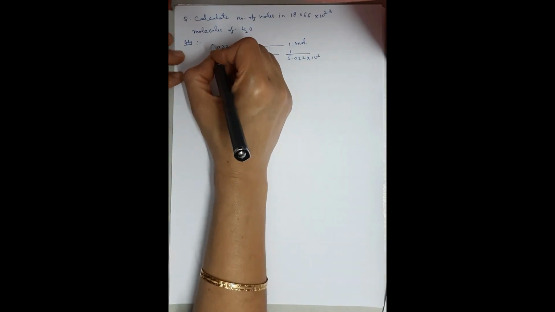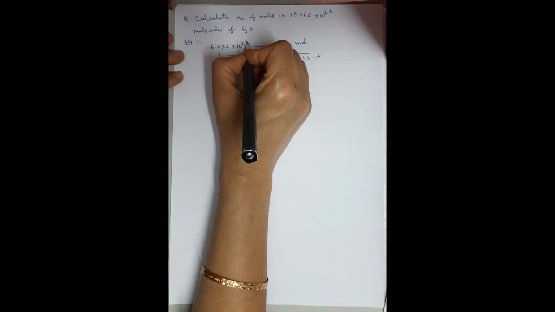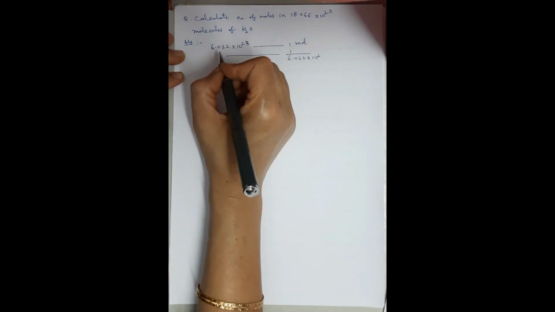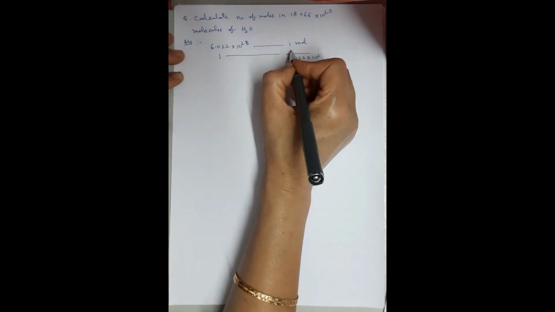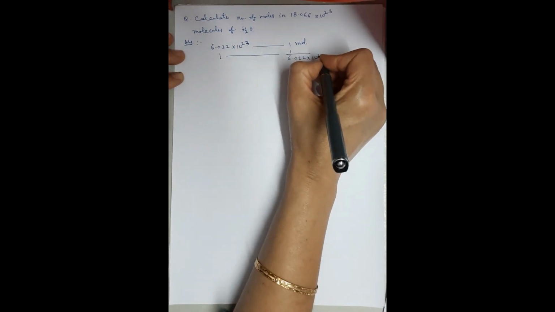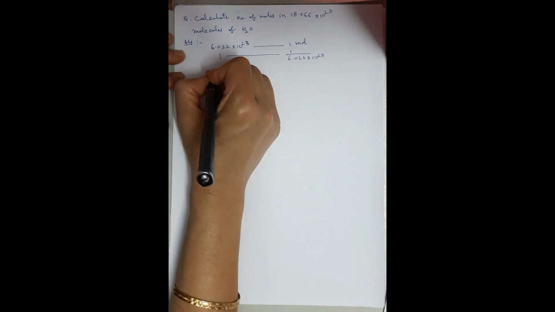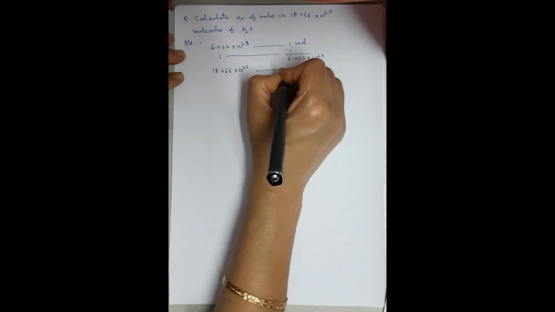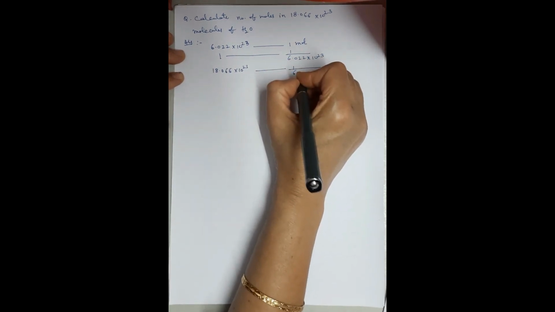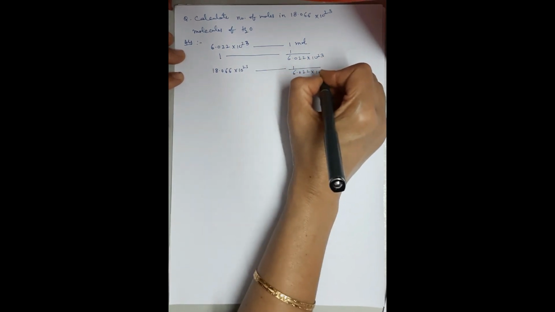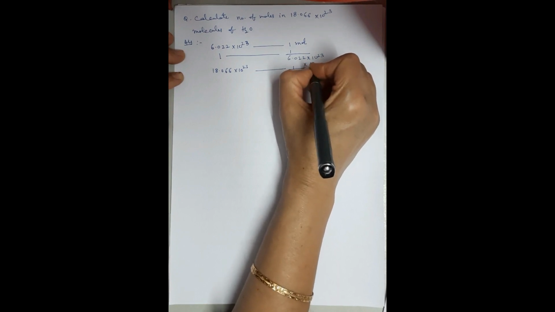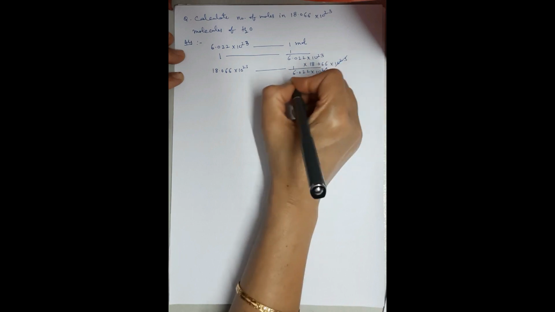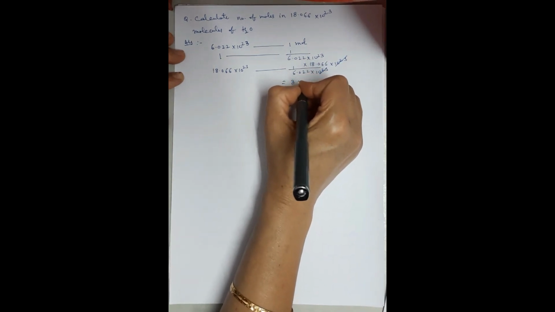Beta, you already know 6.022 into 10 raised to power 23 is equal to 1 mole of water, and 1 molecule is equal to 1 upon 6.022 into 10 raised to power 23, and 18.066 into 10 raised to power 23 is equal to 1 upon 6.022 into 10 raised to power 23 into 18.066 into 10 raised to power 23. If you solve this, it comes out to be 3 moles.